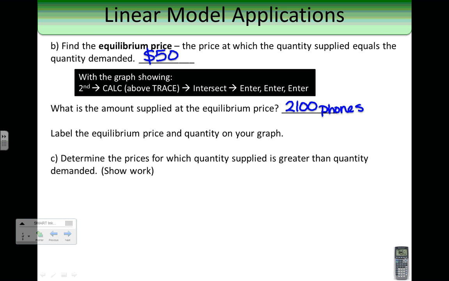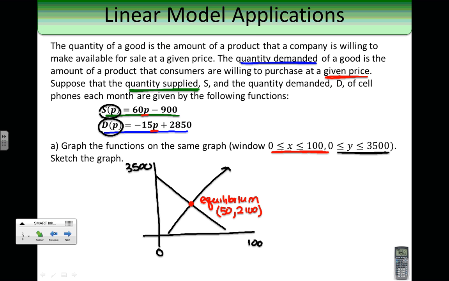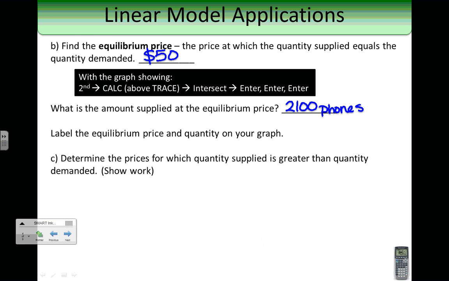Determine the prices for which quantity supplied is greater than quantity demanded. Remember, going back to our equations, quantity supplied was 60p minus 900, and quantity demanded was negative 15p plus 2,850. So we wanted to know when our quantity supplied is greater than our quantity demanded.